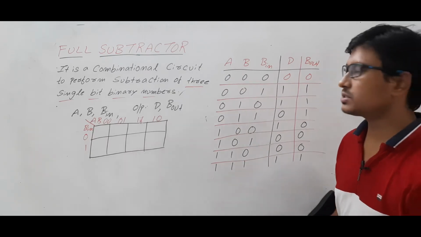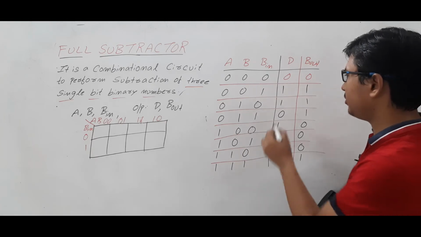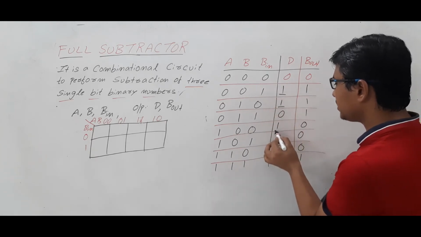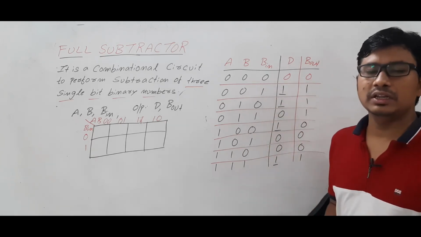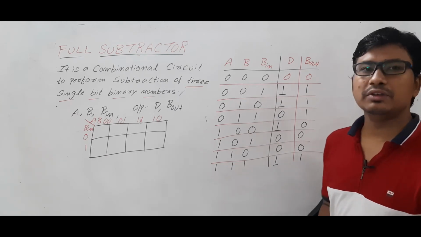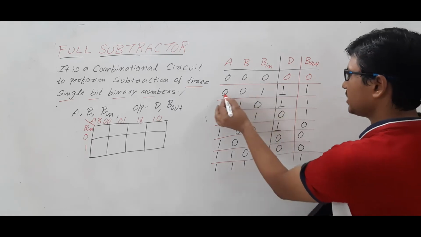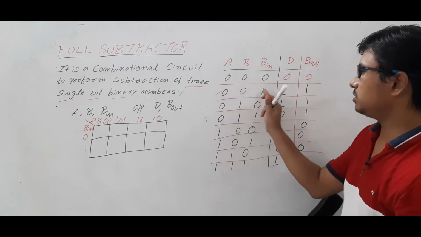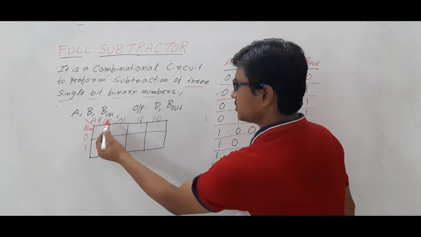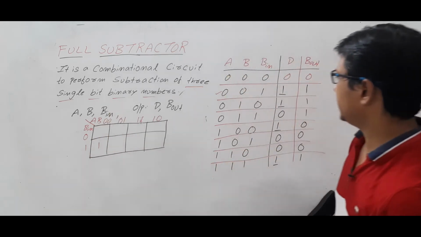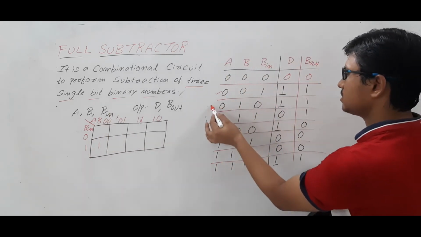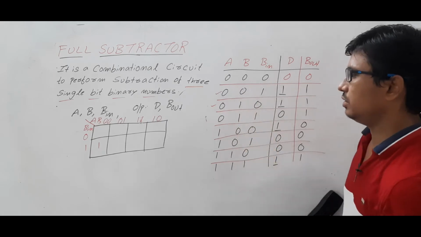Now, how to do it? I have to place all the minterms in the K-map. Where are the minterms? Wherever the function is producing the output 1, they are the minterms. Wherever the function is producing 0, they are the maxterms. So first if I take this one, it is 0, 0, 1. Similarly, this is 0, 1, 0.